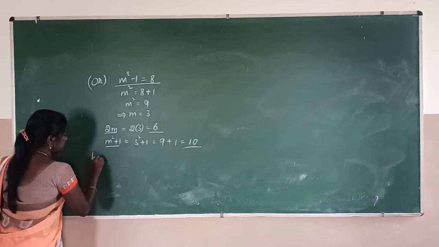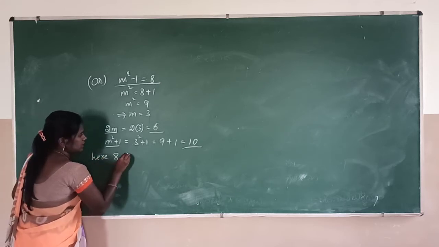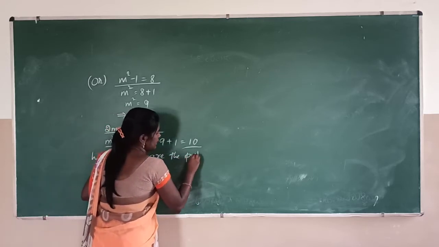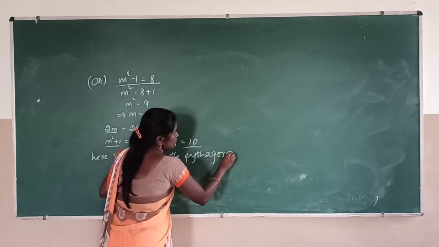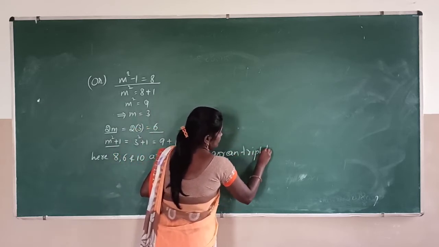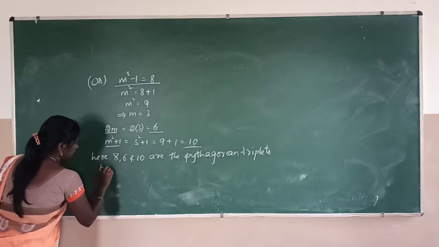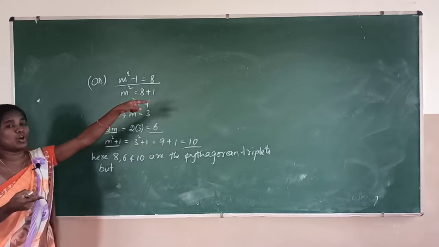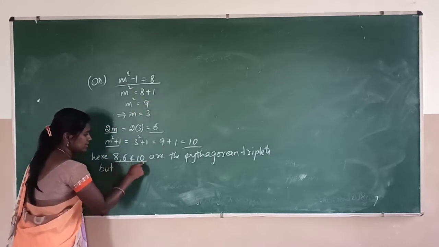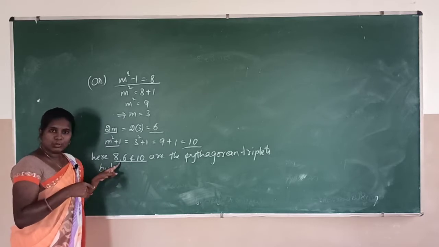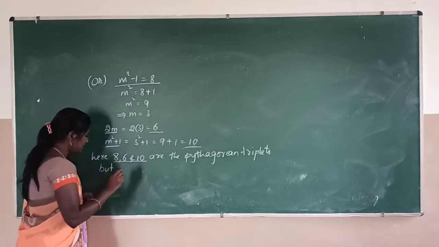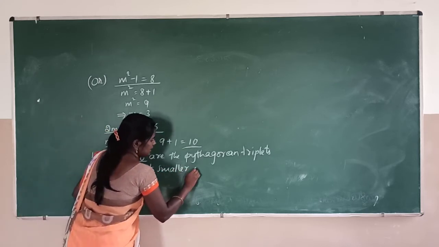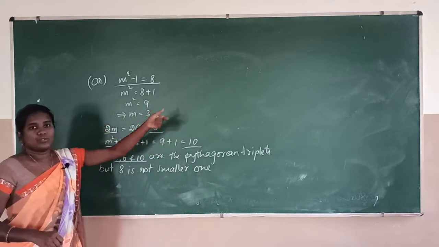So, here 8, 6 and 10 are the Pythagorean triplets. But in the question, it is given that the smaller number is 8. When you compare 8, 6 and 10, is 8 the smaller number? No, 6 is also there. But 8 is not the smaller one.